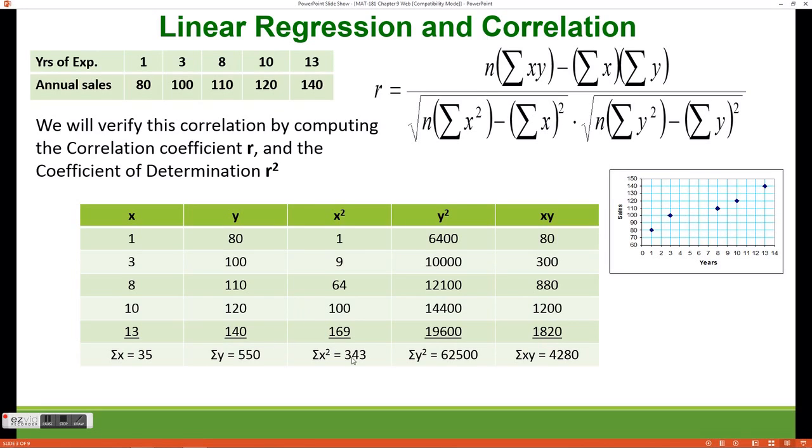And we have column 3, which we use to get the x squared values, just like our standard deviation formula calculation. Column number 4 has the sum of y squareds. So I took all the y values, squared them, and then added them up. The last column is the sum of x times y. And what I do is I calculate x times y first for each data pair and then sum those 5 values.